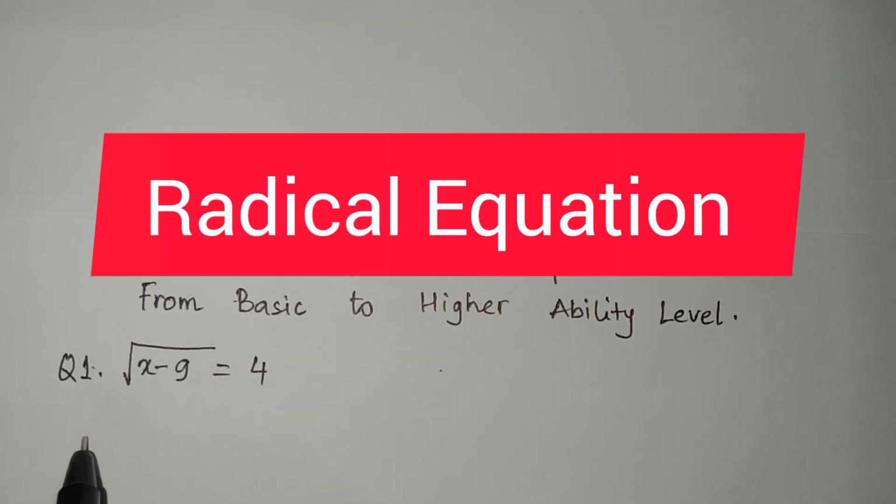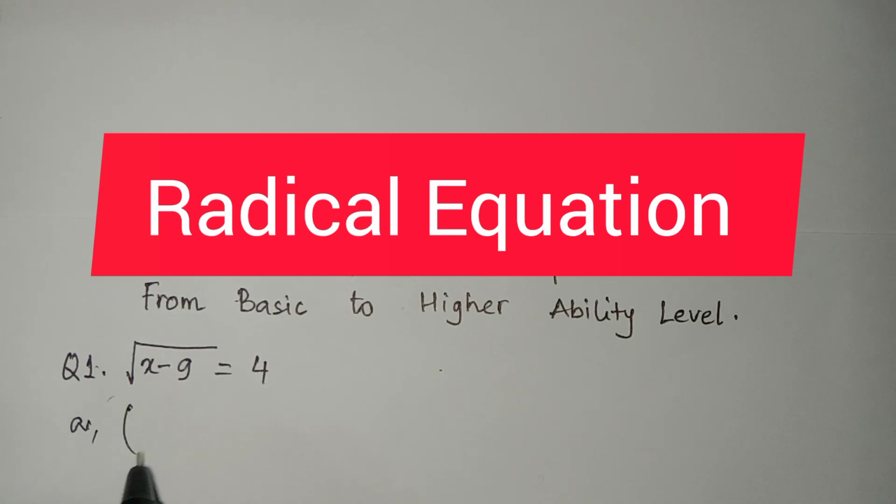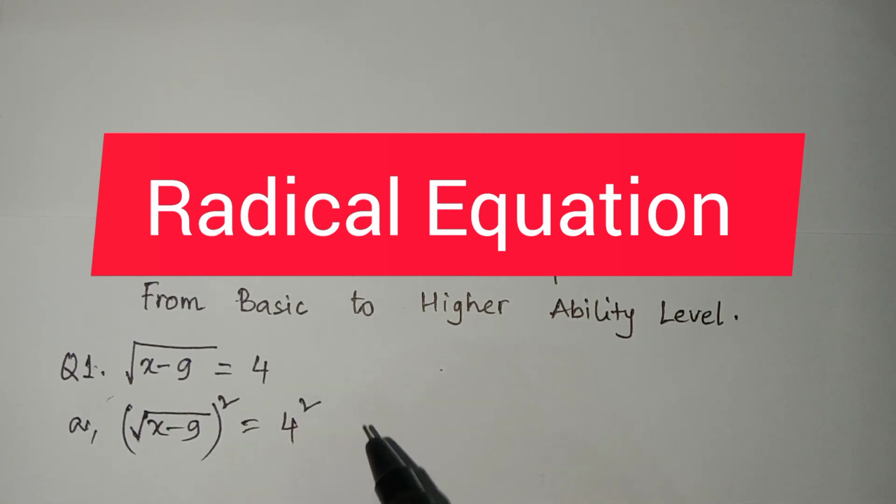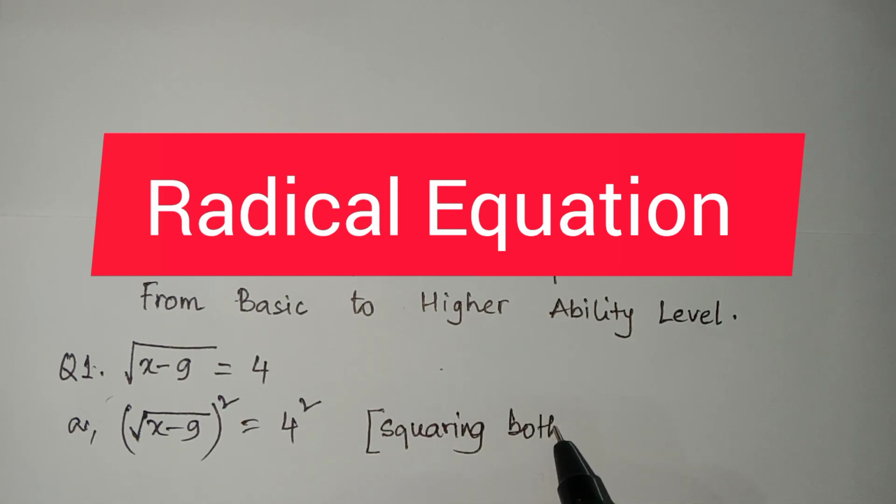So first of all, we can write this as the square root of x minus 9, raised to power 2, equal to 4 raised to power 2. So we write: squaring both sides.